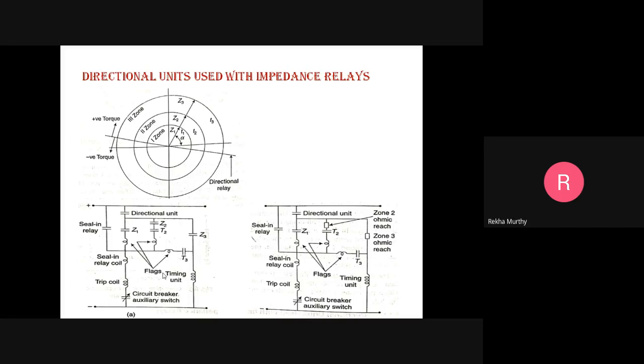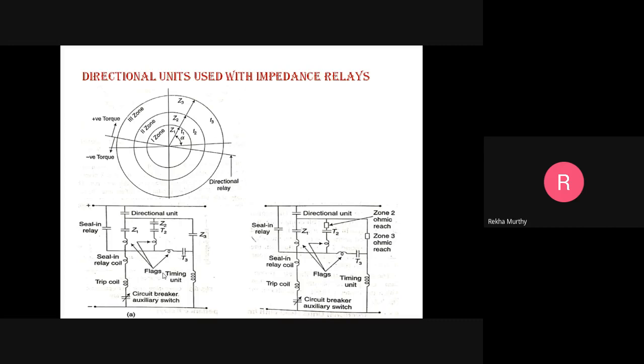The torque equation of the directional relay is given by T equals K times VI into cos of (psi minus alpha), neglecting the spring effect. Psi is the angle between V and I, and alpha is the angle of maximum torque.